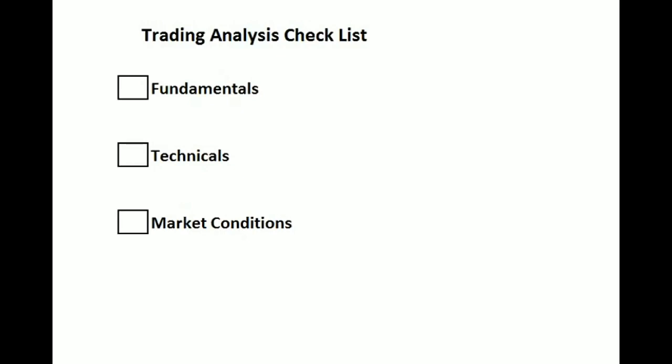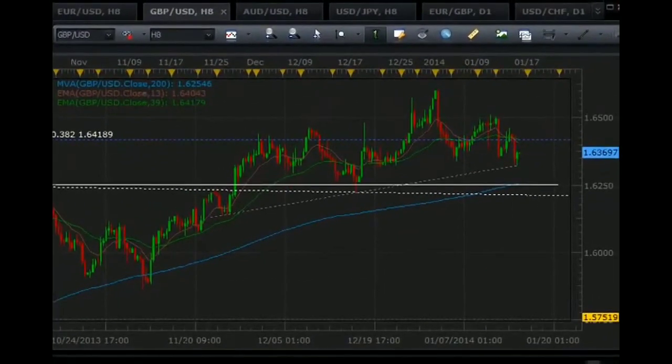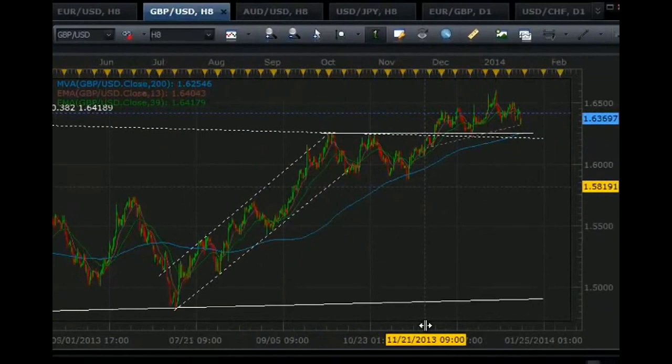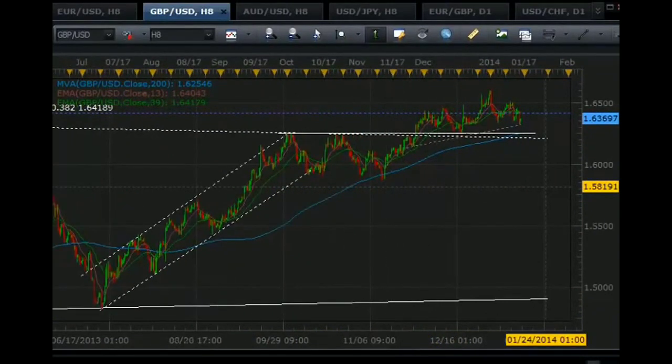All right, so let's apply this to the pound dollar, a currency pair that I have been much more interested in recently. So looking at the fundamental bearing, what is most important for the pound US dollar currency rate? The relative monetary policy, all right?